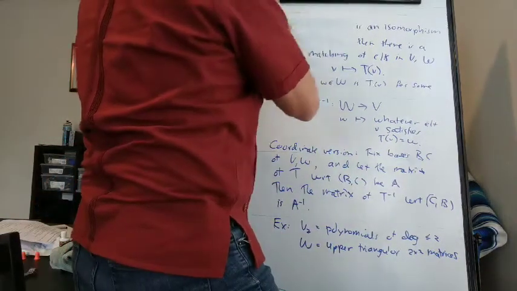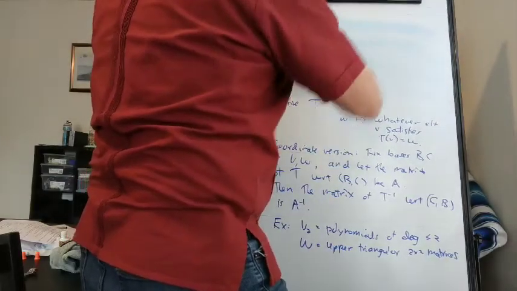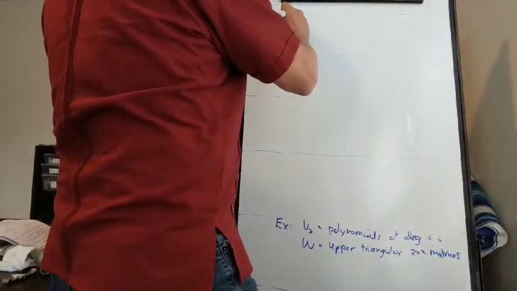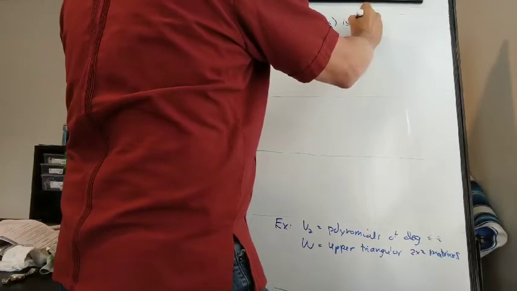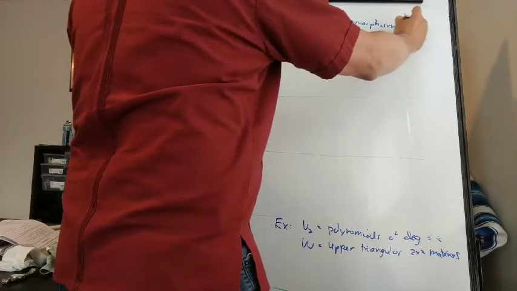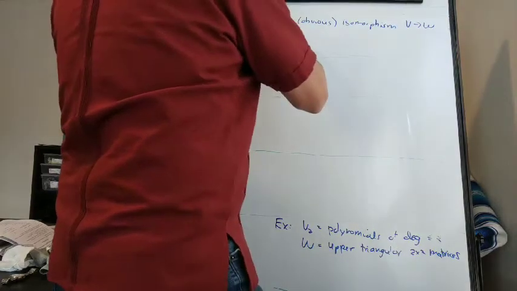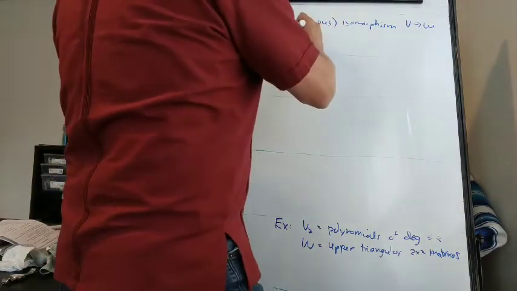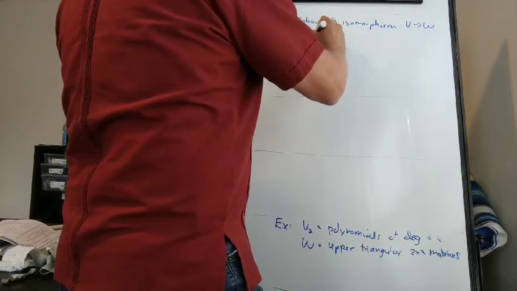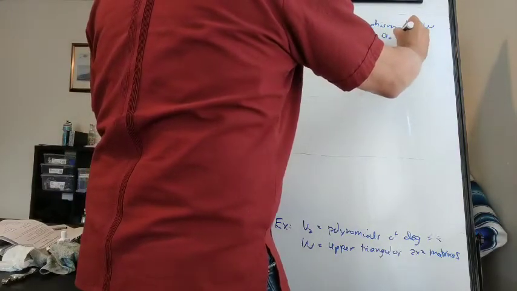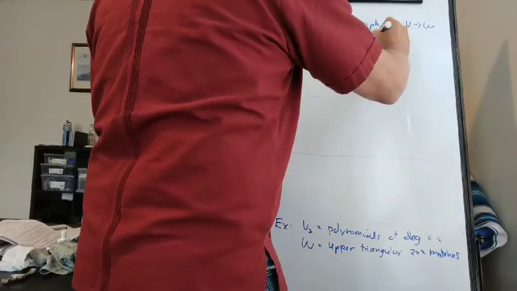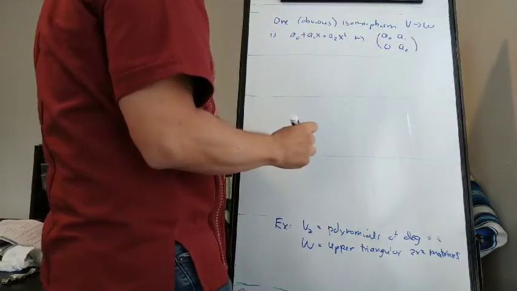Then one obvious isomorphism from V to W is we take a polynomial a0 plus a1x plus a2x squared and map it to a0, a1, a2 on the upper triangular part of a 2 by 2 matrix.